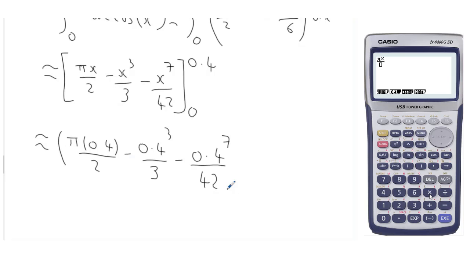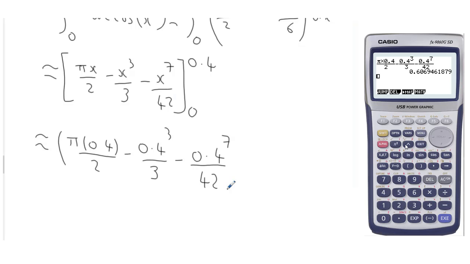Pi times 0.4 over 2 minus 0.4 cubed over 3 minus 0.4 to the power 7 over 42.